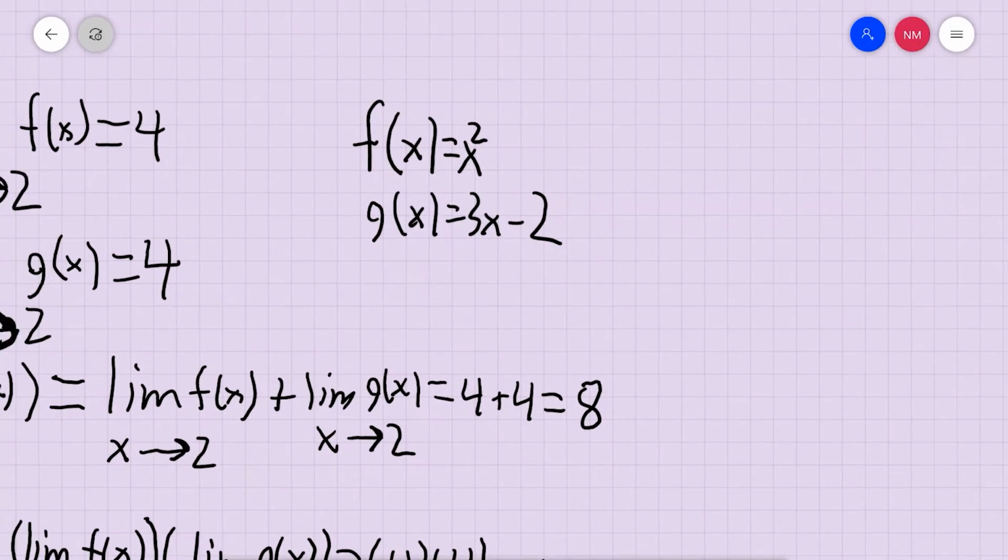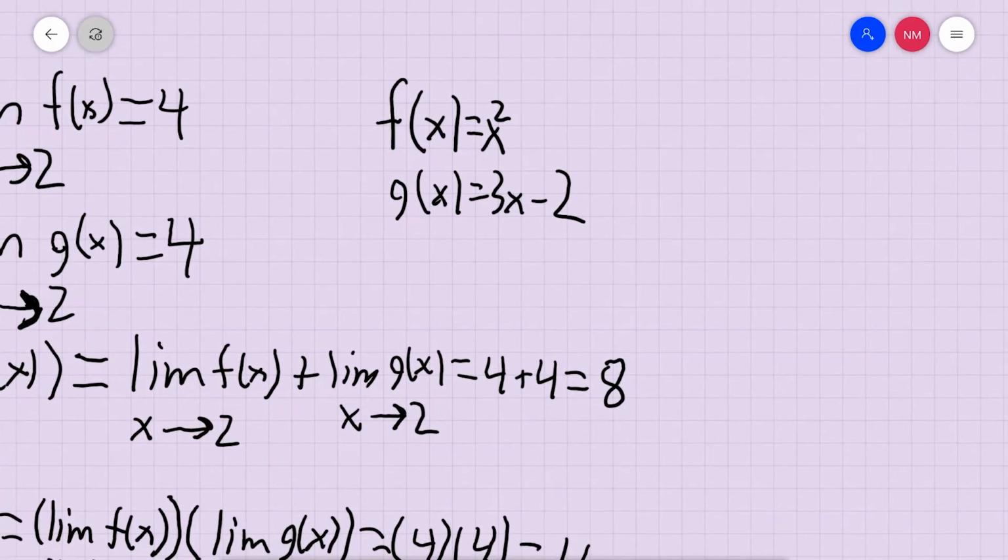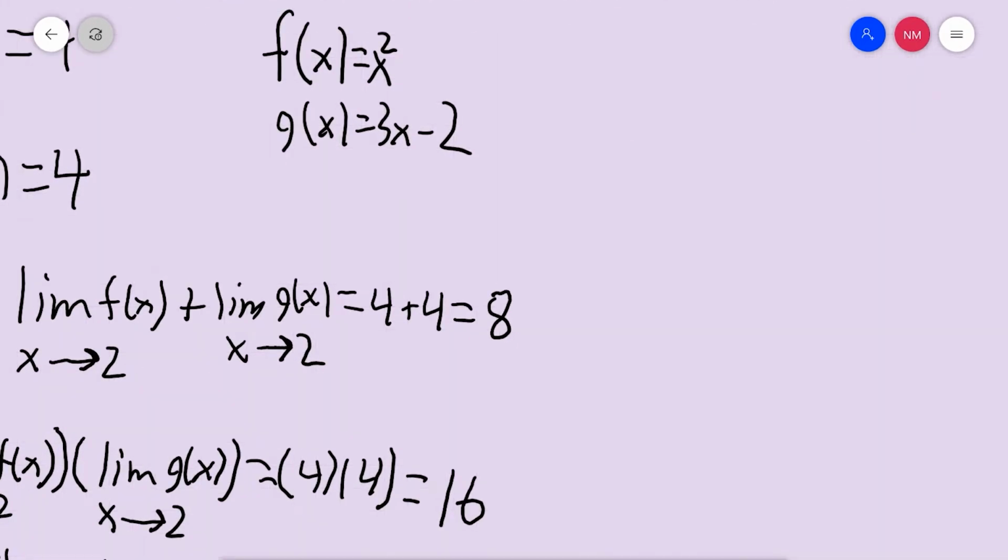Let me try to find some space. Okay, what if we want to find the limit of a composite function? I want to find the limit of f of g of x as x approaches 2.